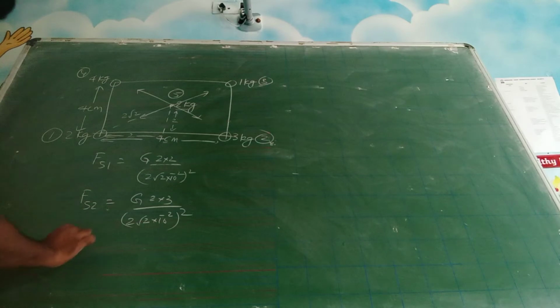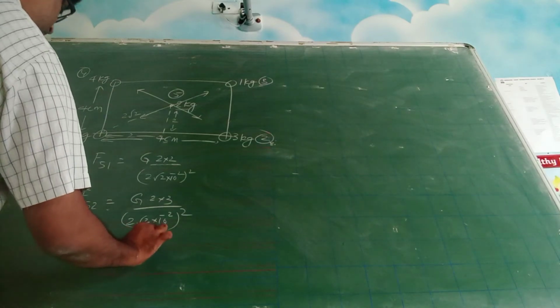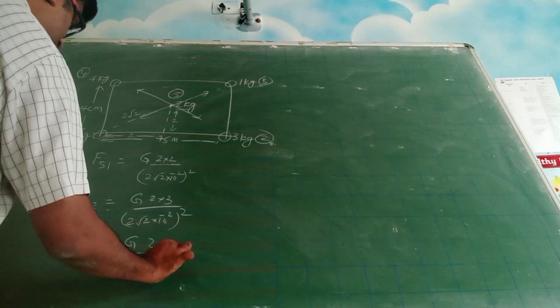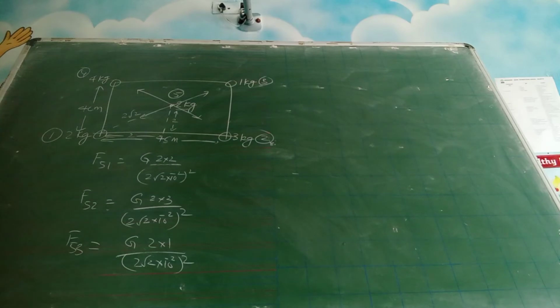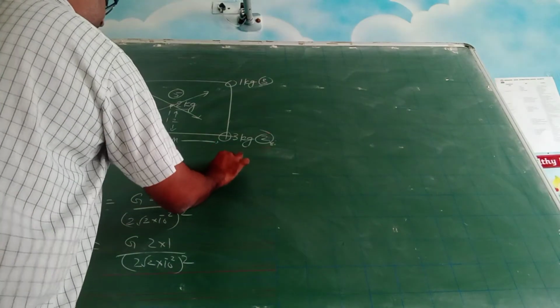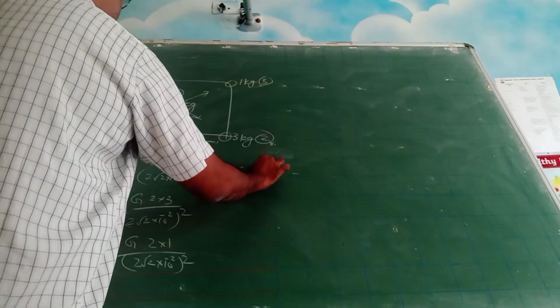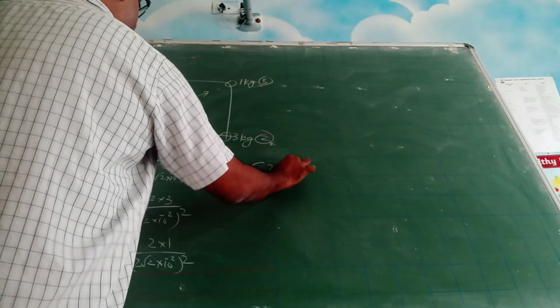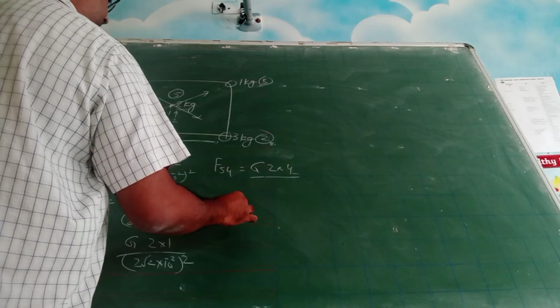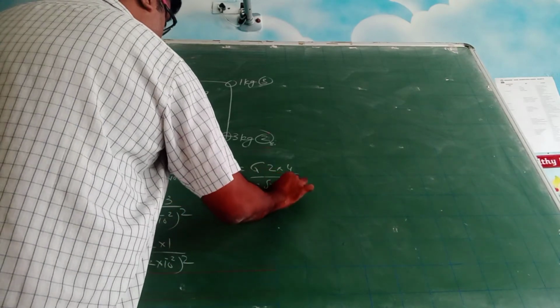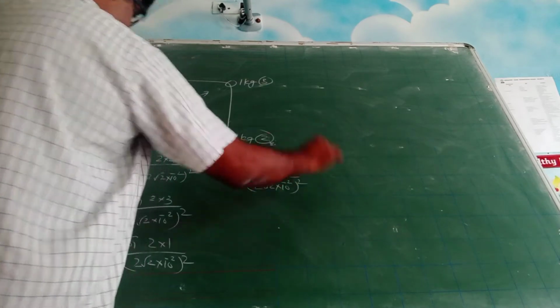Now F53 will be equal to G into 2 into 1 divided by 2 root 2 10 power minus 2 whole square. And F54, it will be G into 2 into 4 divided by 2 root 2 10 power minus 2 whole square.